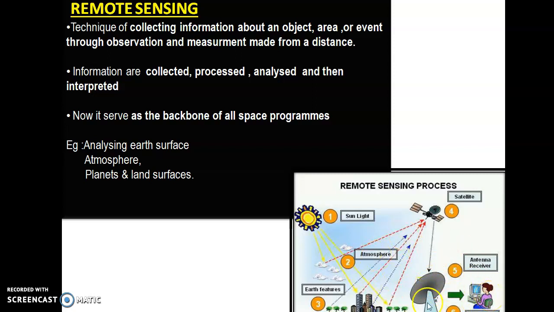So this is the simple process which takes place in remote sensing. So what is the purpose? It is generally used for analyzing the Earth's surface or atmosphere or planets as well as land surfaces. So this is the application of remote sensing.